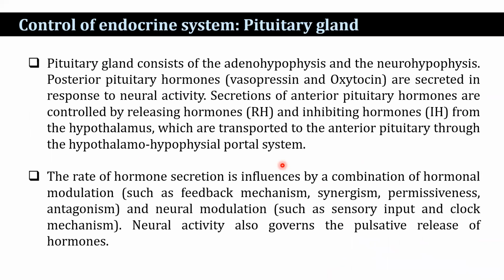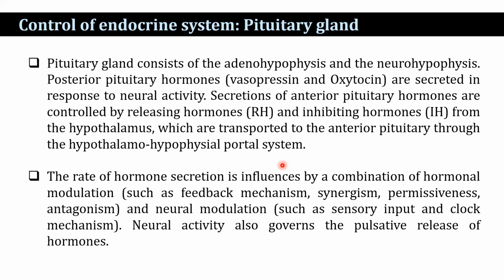So what is the control of the endocrine secretion? The pituitary gland consists of the adenohypophysis and neurohypophysis. The posterior pituitary hormones, vasopressin and oxytocin, are secreted in response to neural activity. Secretion of anterior pituitary hormones is controlled by releasing hormones and also inhibited by inhibiting hormones from the hypothalamus, which are transported to the anterior pituitary through the hypothalamo-hypophyseal portal system.